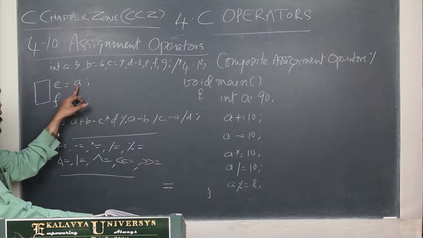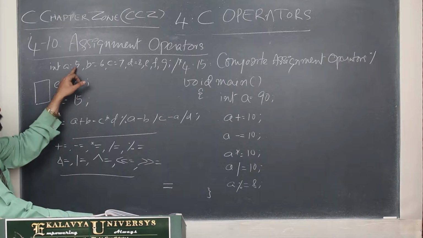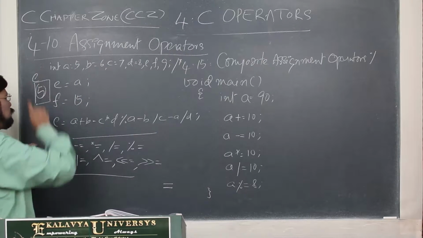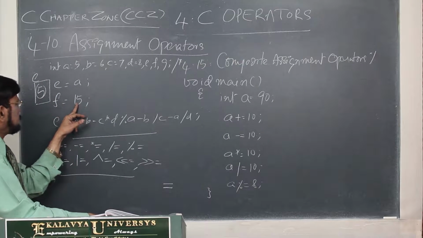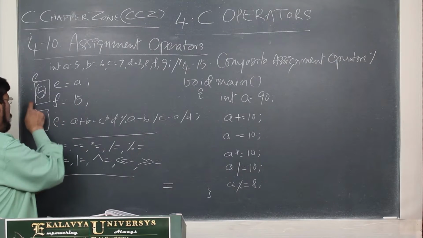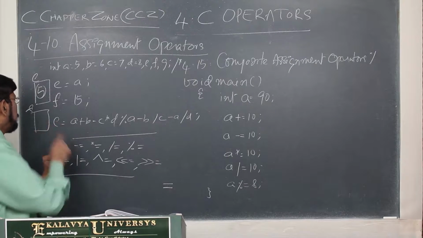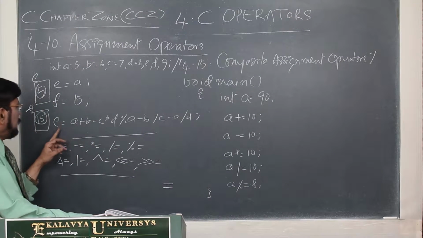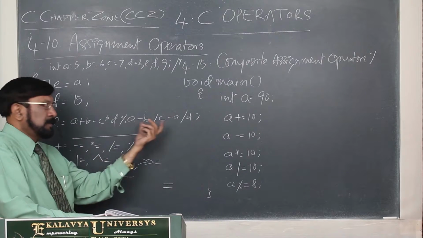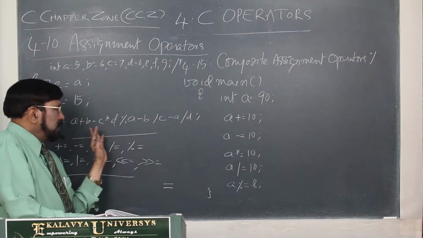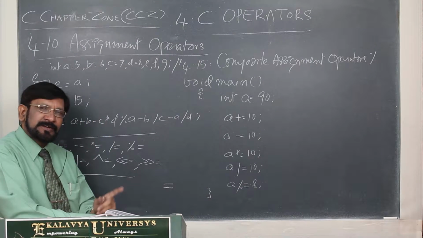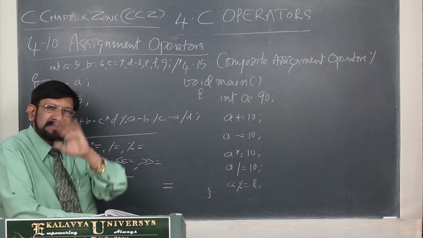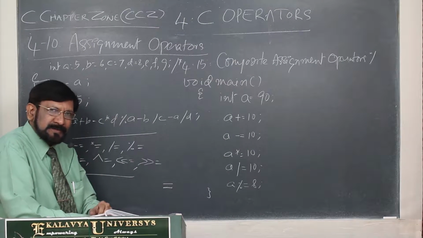In this case, the value of E is 5. The 5 is stored in E. Suppose F is another variable, in that 15 is stored. 15 is an integer constant. As far as this is concerned, I have given a big expression, and this expression is evaluated first, subject to the rules of precedence and associativity. Already in the previous concept I explained.